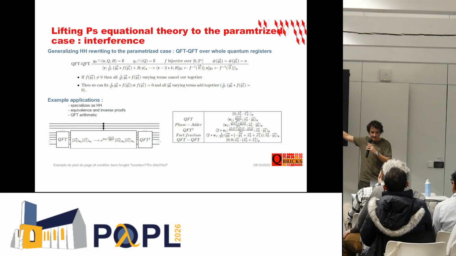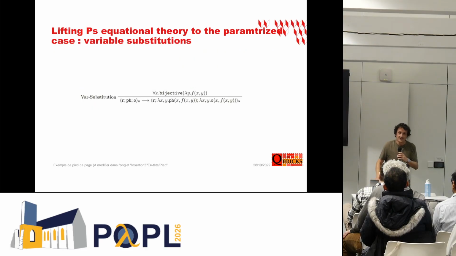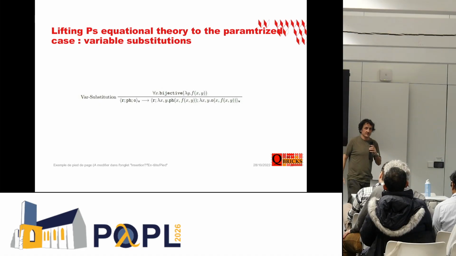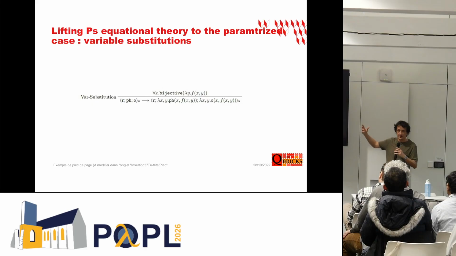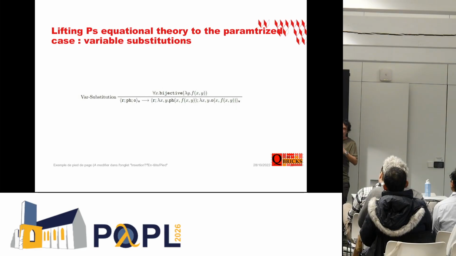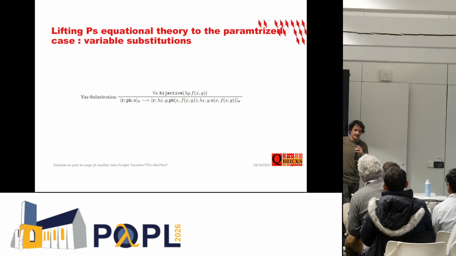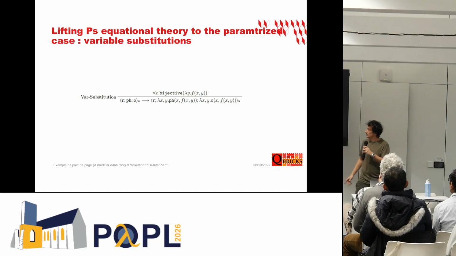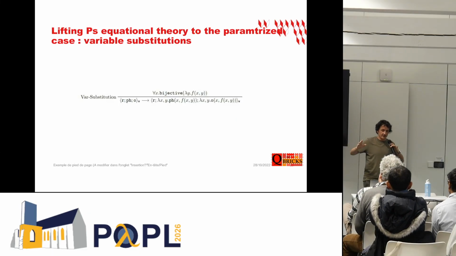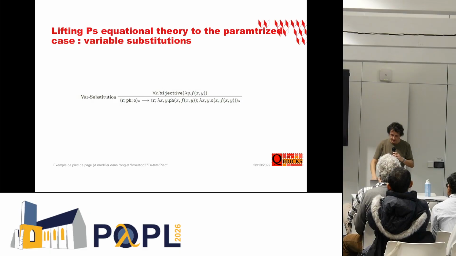I called it the QFT rule, and it's quite cool, but I don't have time for going further on it. Also a generalization of a principle of substitution of variable that is present for circuits in the original theory as a substitution of one single variable, and here it is updated as a substitution function for, again, an arbitrary sized register of path variables.